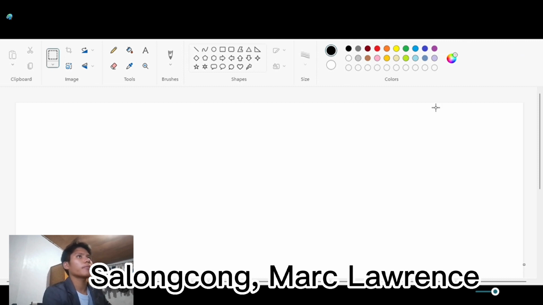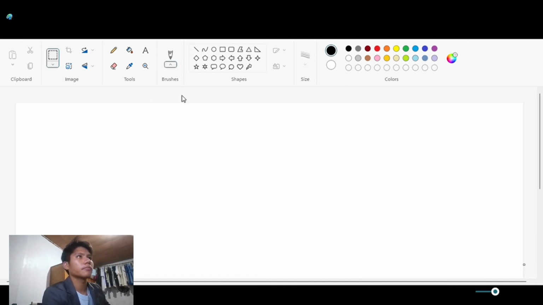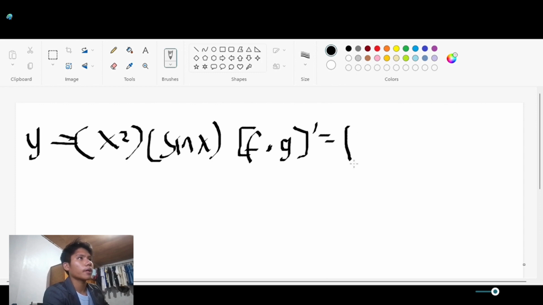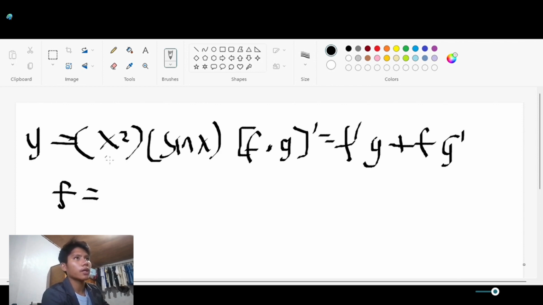Okay, for our next example, we have y equals x squared multiplied by sine x. For this problem, we can use the product rule, which looks like (f times g) prime equals f prime times g plus f times g prime, where our f is assigned to x squared.